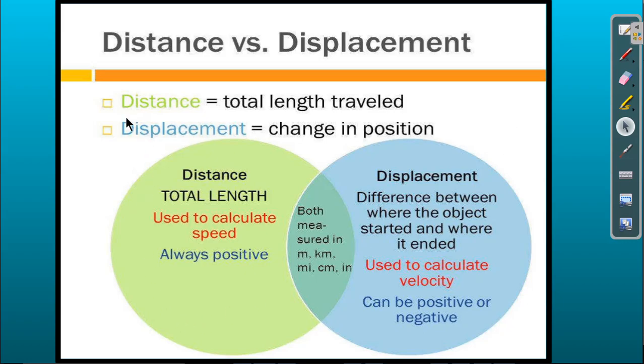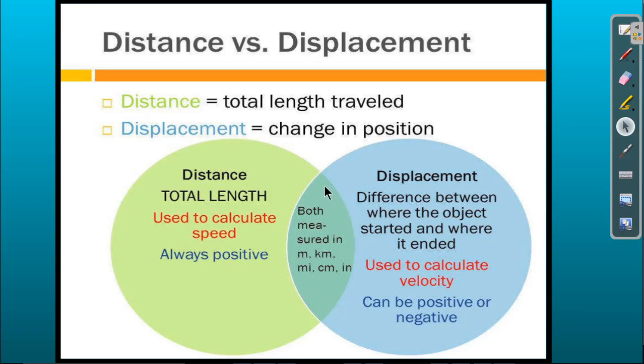Now, the distance right here is used to calculate speed, and it's always a positive number. Notice that both of them have the same kind of units of length. So you have inches, meters, kilometers, miles, centimeters. But anyway, some of them are metric and some of them are in the customary system.